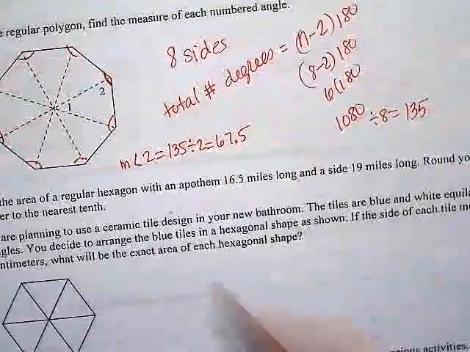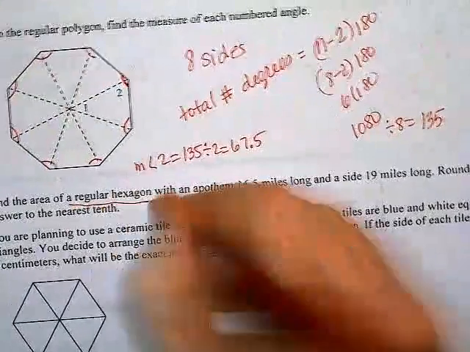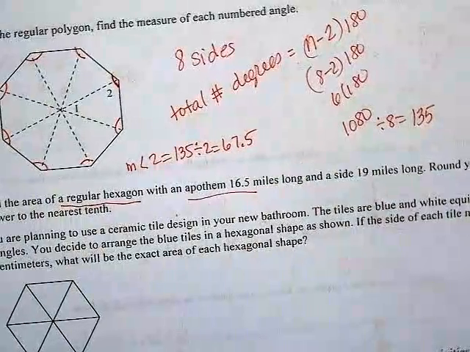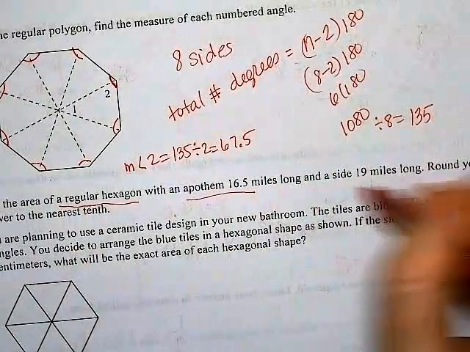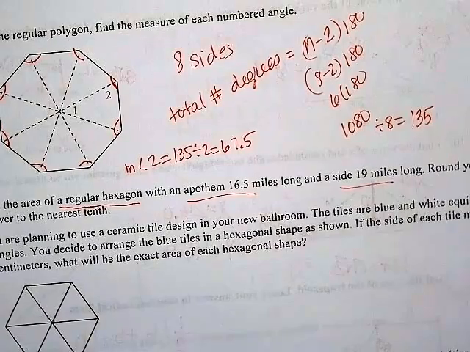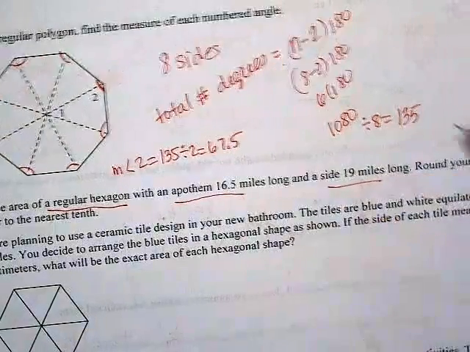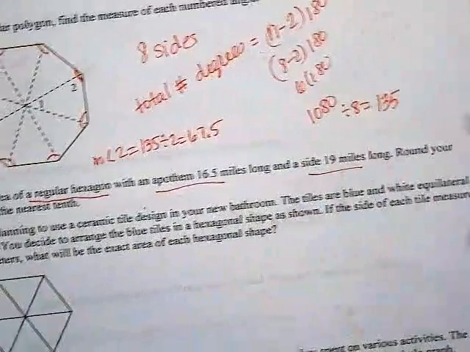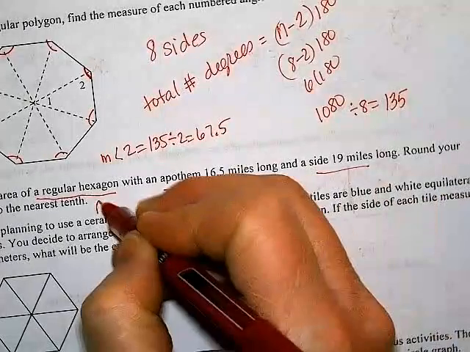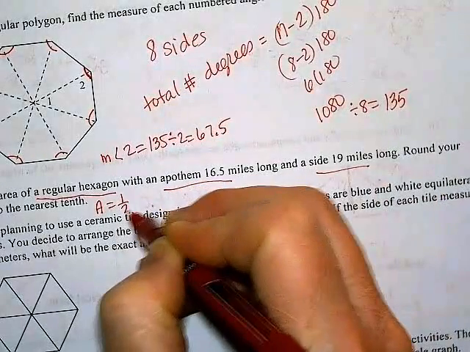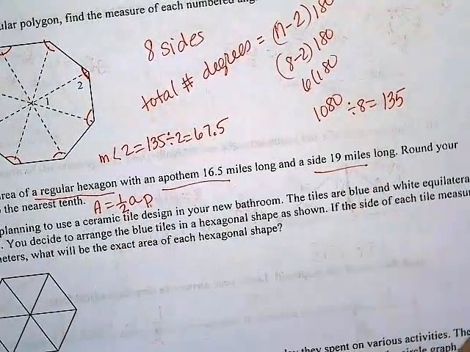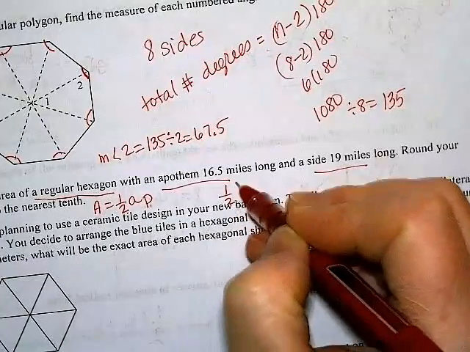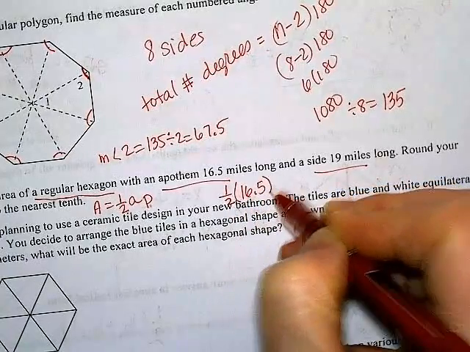Find the area of a regular hexagon with an apothem of 16.5 and a side of 19 miles. These are miles. Round to the nearest tenth. What's the formula for the area of a regular polygon? Half of the apothem times the perimeter. So it's half of 16.5 times the perimeter.